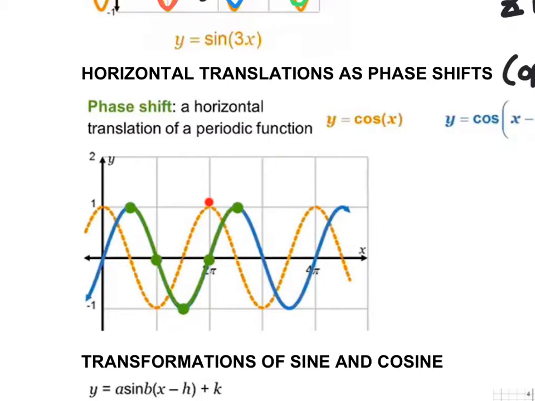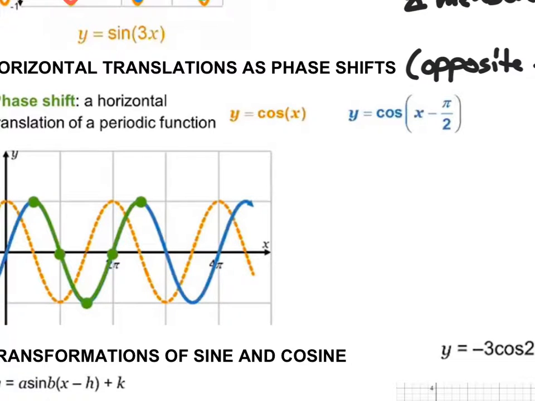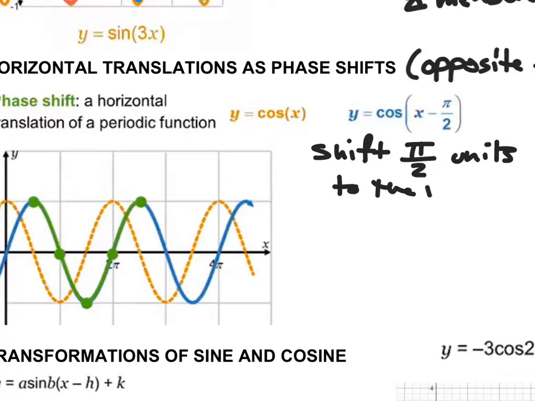So here's our cosine graph, and all we're going to do is shift this graph pi over 2 units to the right. The reason I know it's to the right is because right is the opposite from a negative sign. If you're thinking negative, typically you would go to the left, but horizontal shifts always go in the opposite direction.